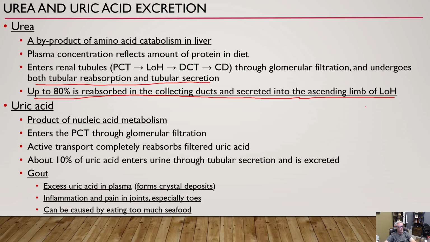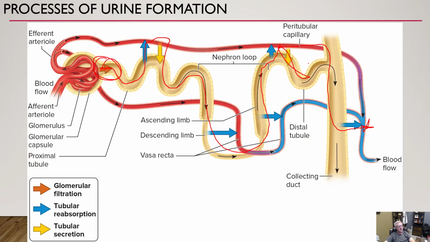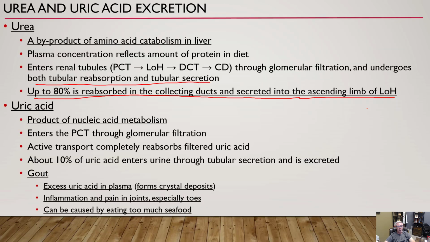Now, we have a condition called gout, and that is when we have excess uric acid in the plasma. If too much uric acid was reabsorbed back into the bloodstream, we could have this condition called gout.